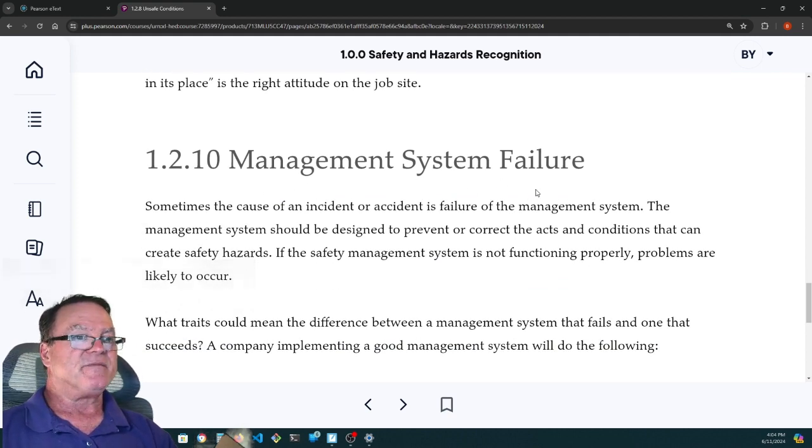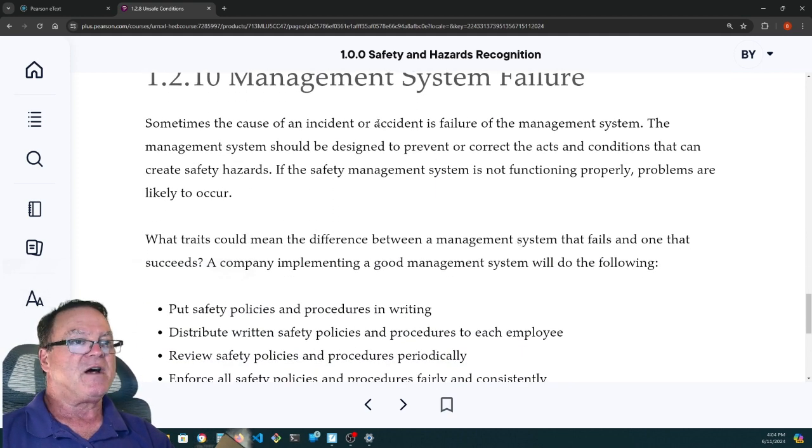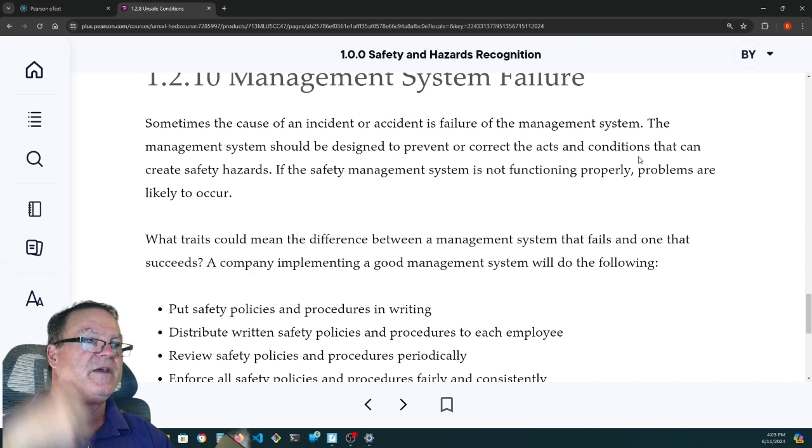1.2.10 Management System Failures. Sometimes the cause of an incident or accident is the failure of a management system. Management systems should be designed to prevent or correct the acts and conditions that can create safety hazards. If the safety management system is not functioning properly, problems are likely to occur.